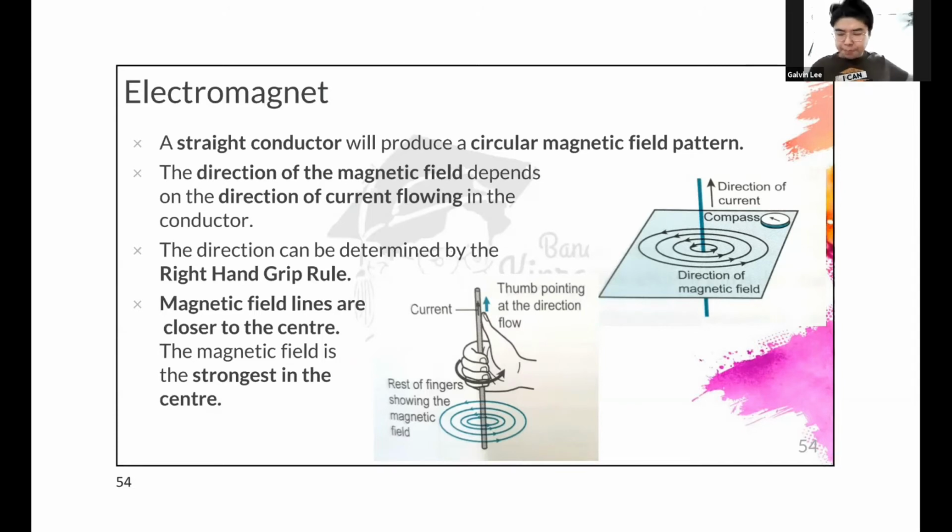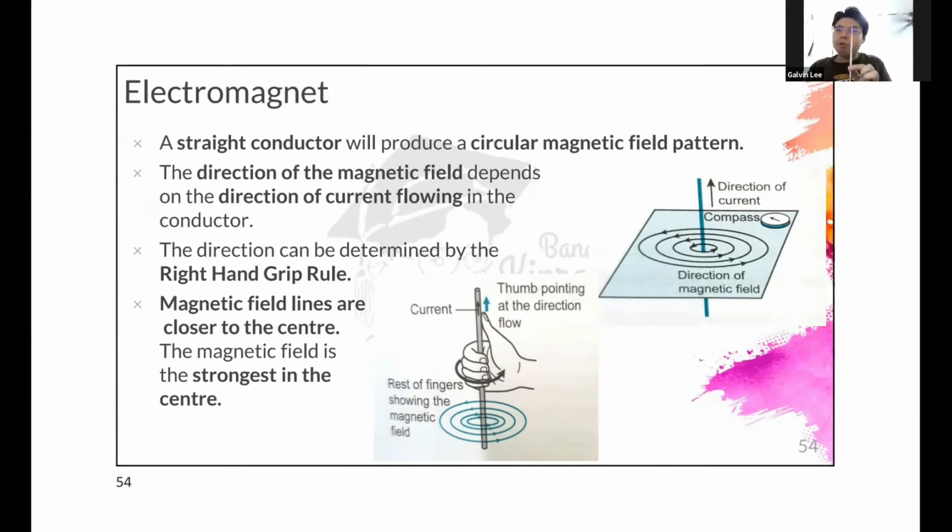Now, the direction of the magnetic field lines depends on the direction of the current in the conductor. Because whenever you have a conductor, you know that current can either flow from the top to the bottom or from the bottom to the top.